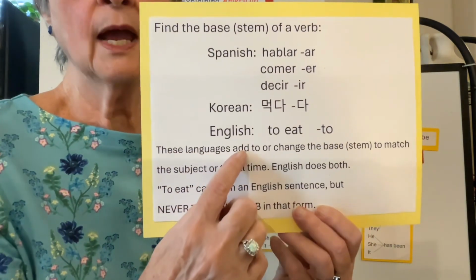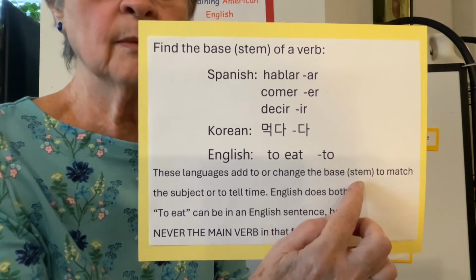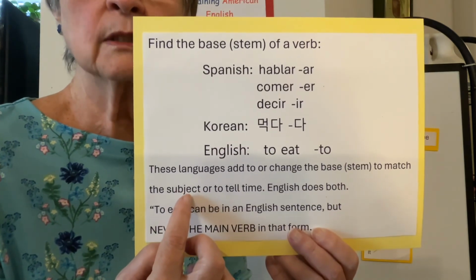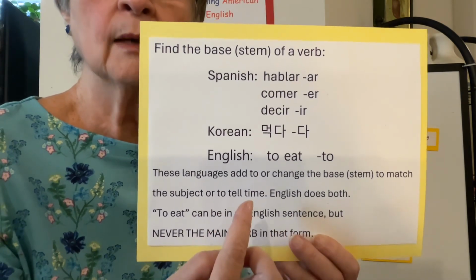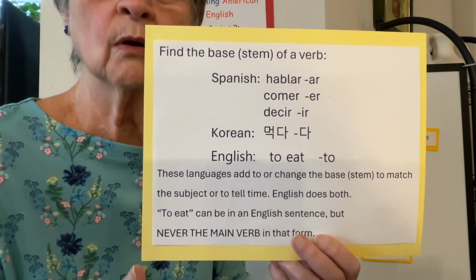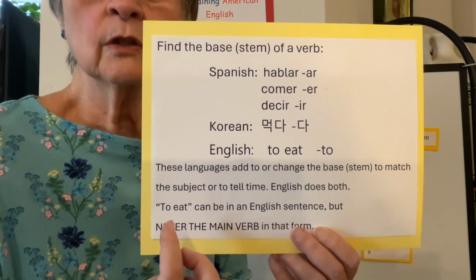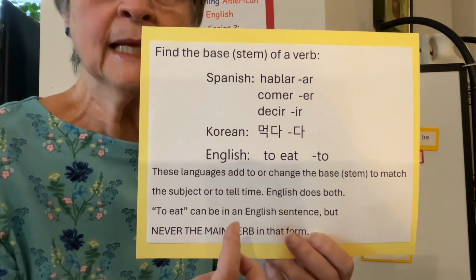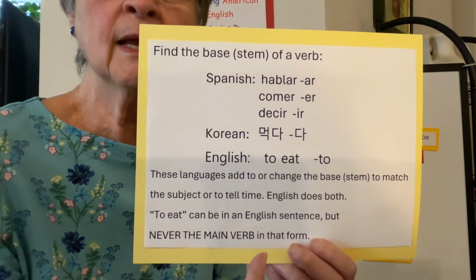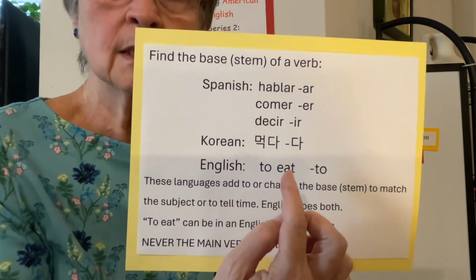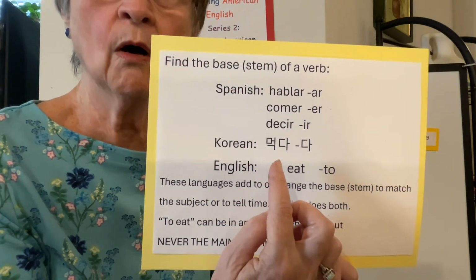These languages add to or change the base, also called the stem, to match the subject, not Korean, but the other two, basically, or to tell time, today, yesterday, tomorrow. English does both, Spanish does both. In English, to eat can be in an English sentence, but never the main verb in that form. To eat is never the verb. Eat can be the verb when you take the to off.